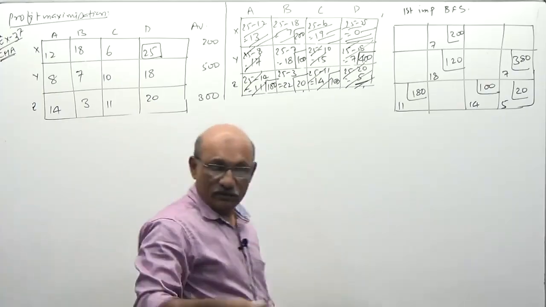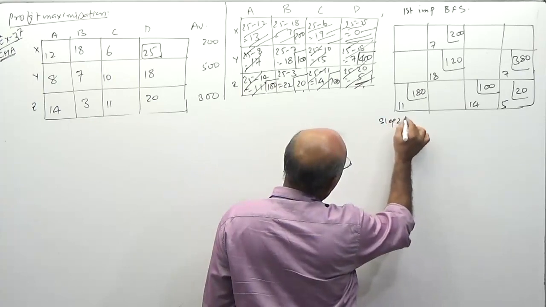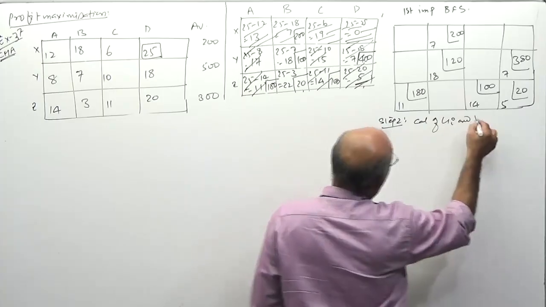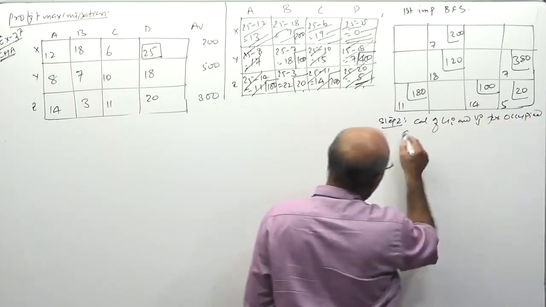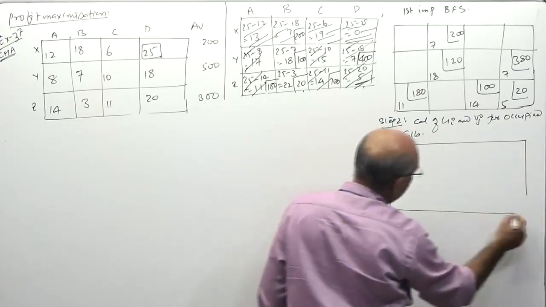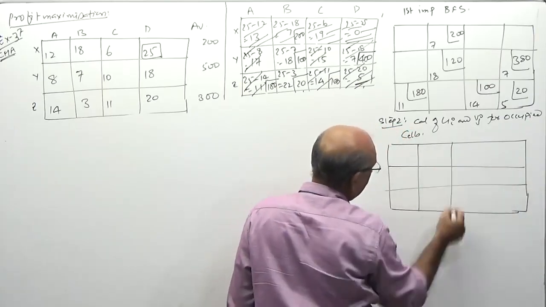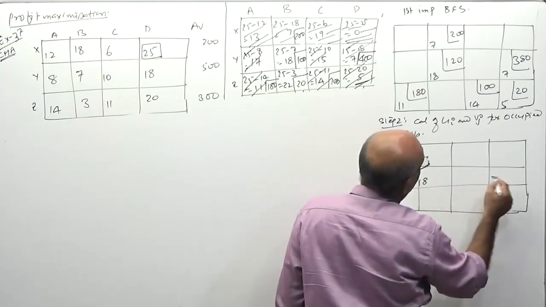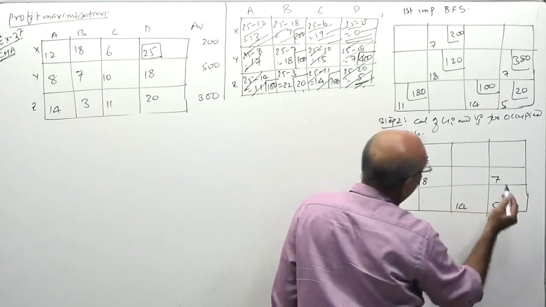Now look at the solution. Calculation of step number 2: calculation of Ui and Vj for occupied cells. This is 7 rupees, 18 rupees, 7 rupees, 11 rupees, 14 rupees and 5.